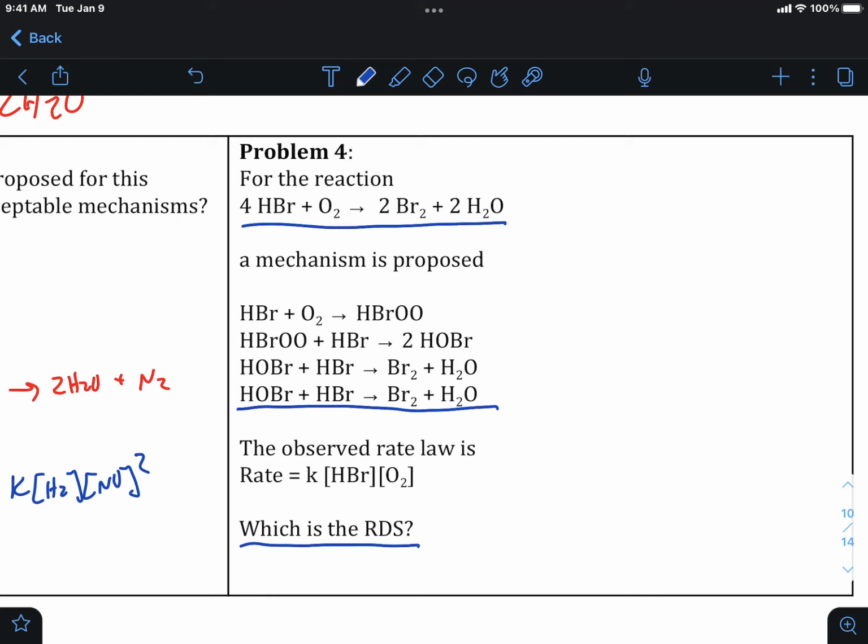Is there a step that matches that, and if so, which one? Yeah, the first one. Because this must be the slow, and the other result must be fast. Fast steps don't matter. It's all about the one that is slow.